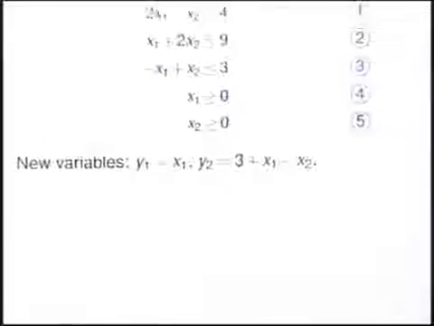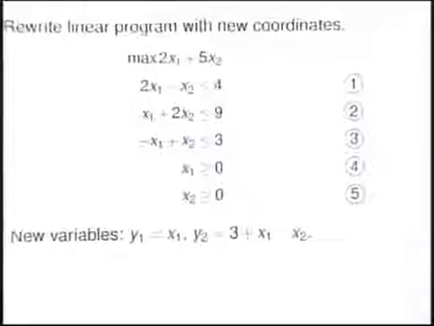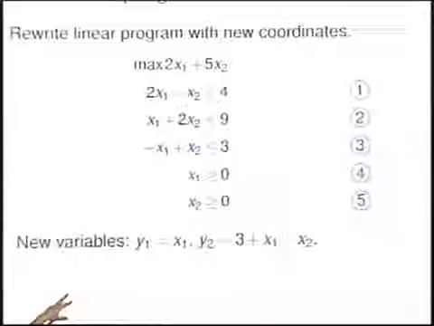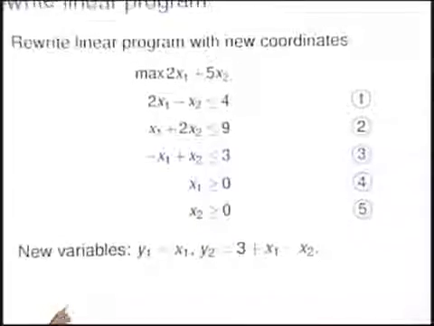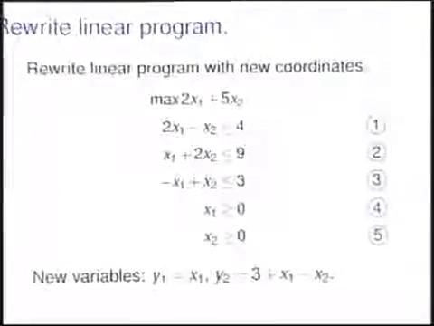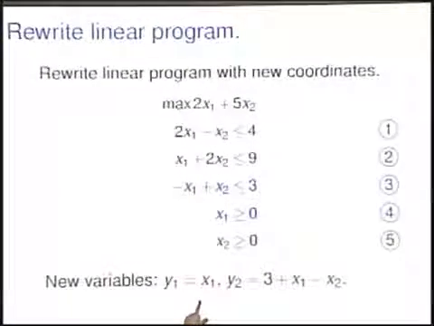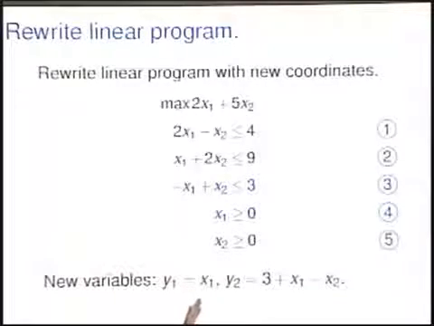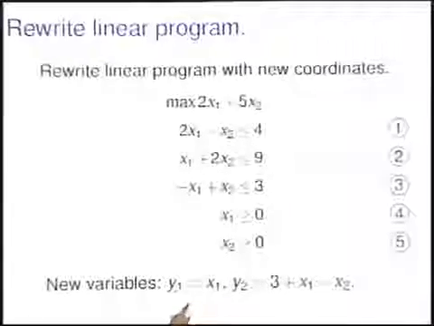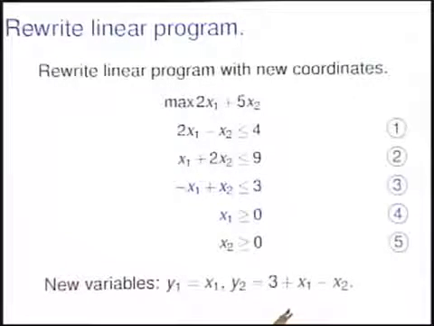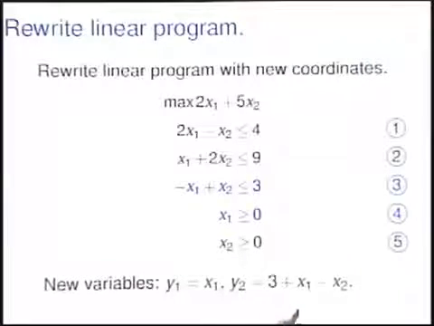For example, we have this tight constraint here. We went from 4 and 5 being tight to 3 and 4 being tight. Our new coordinates are y1 equals x1, which didn't change, the same distance from x1 equals 0. The new constraint is constraint 3, which gives y2 equals 3 plus x1 minus x2.